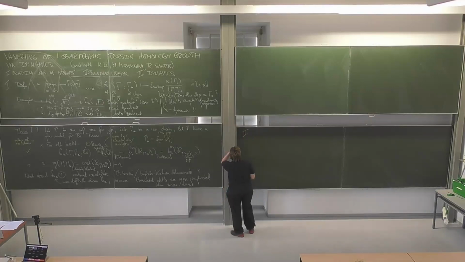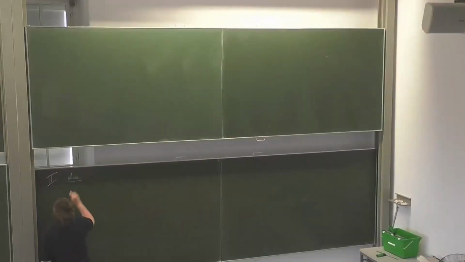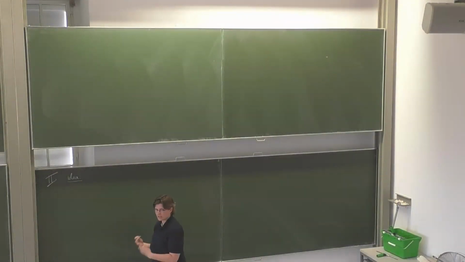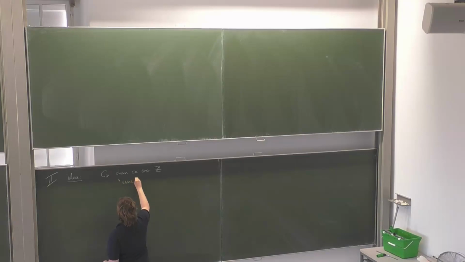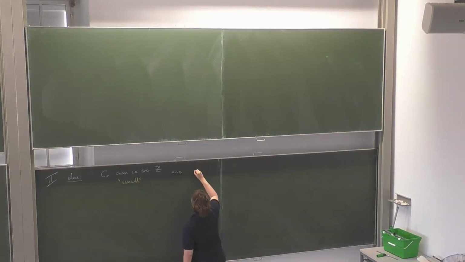This is a homological thing, so maybe we should start thinking about chain complexes. Let's say that C star is a chain complex over the integers. And then the idea should be that if this is small, then also the logarithmic torsion should be small.